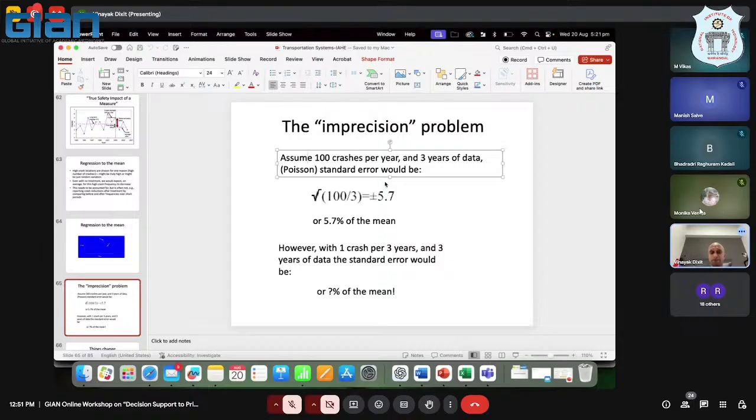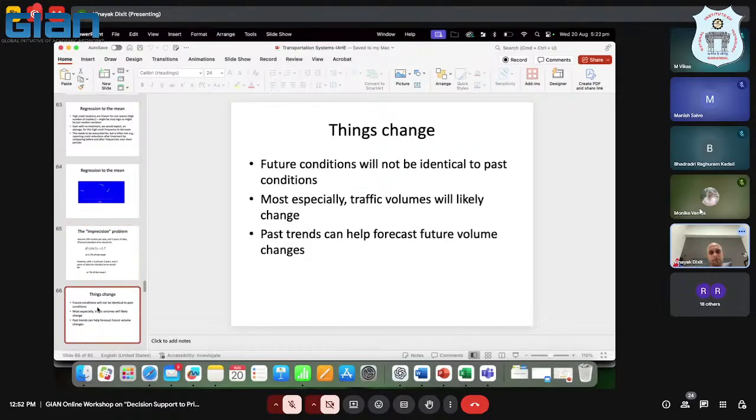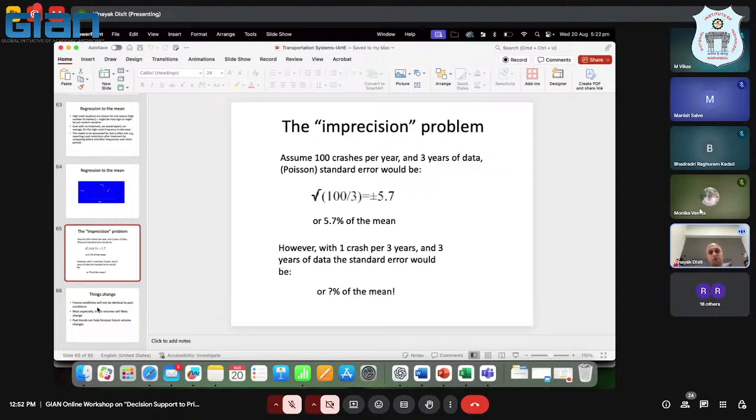However, if there was one crash in 3 years and 3 years of data was used, what will the mean be? It ends up becoming quite high. There are two problems with the Poisson distribution.